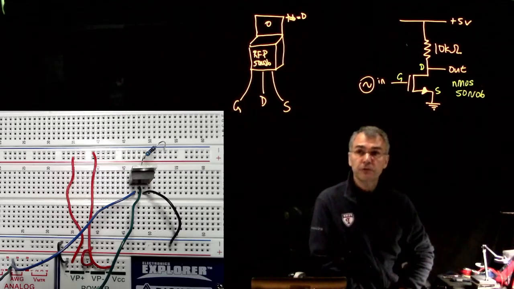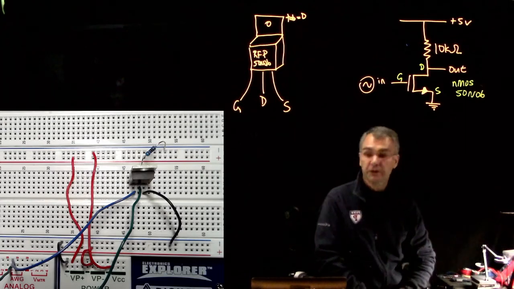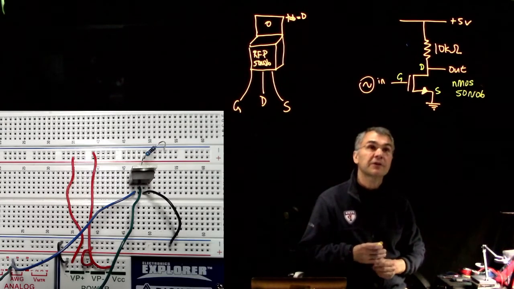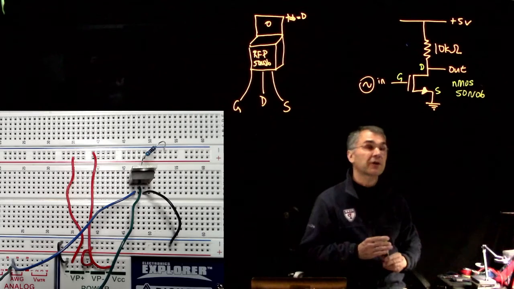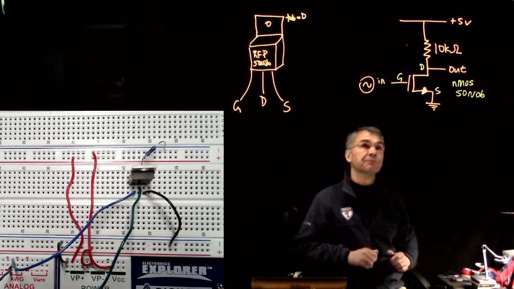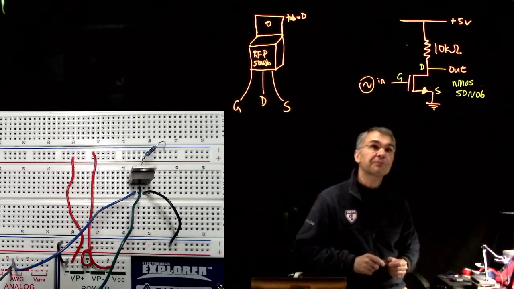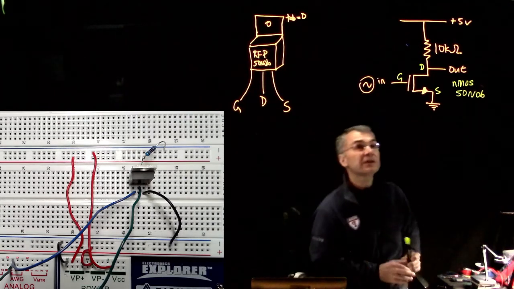Okay, let's do part 3 of lab 21. So we're going to see how to build up logic gates from MOSFETs. Initially let's try a logic family called NMOS, which uses only N-channel FETs with a pull-up resistor.